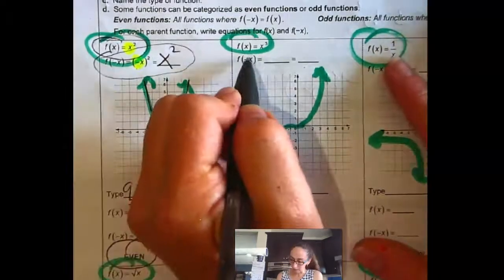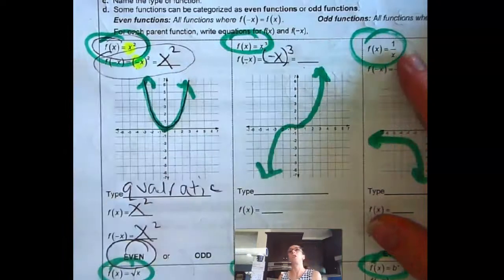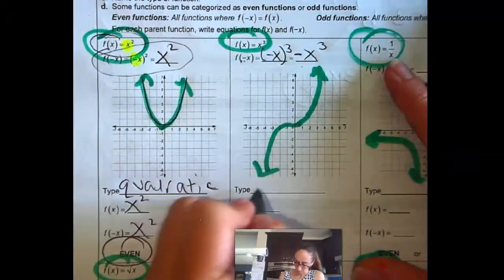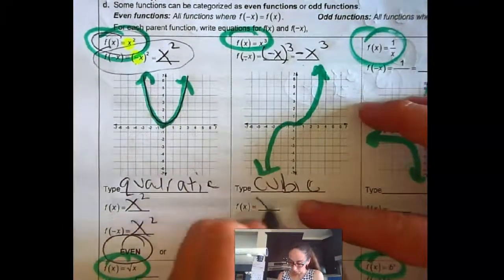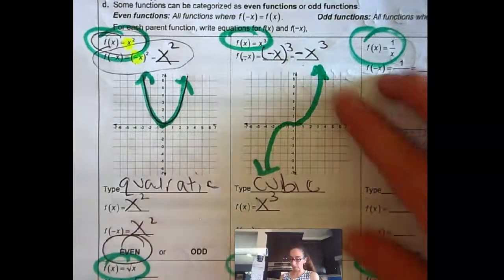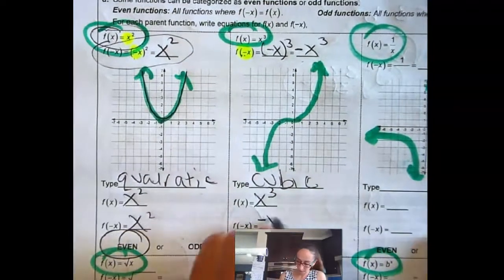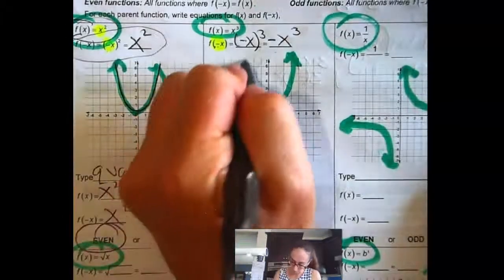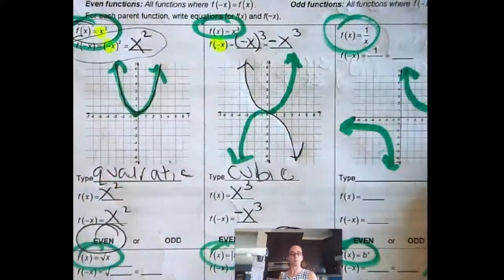If I plug in negative x here and I go negative x cubed, if I cube a negative, it stays negative. By the way, that's cubic. So, the original was x cubed, but when I plug in negative x, it turned to negative, so it didn't stay the same, so it's odd. If I was to graph this, it's here. So it's not on top of itself.